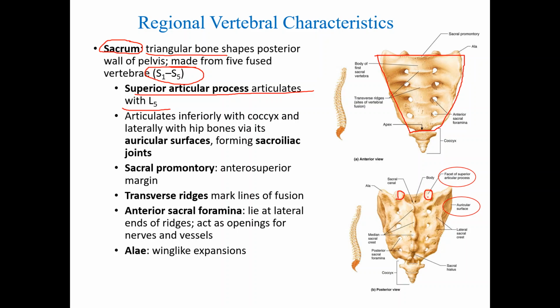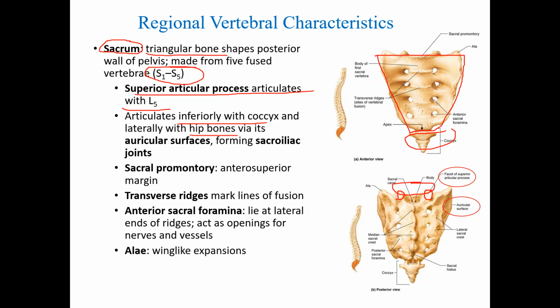This is the process that will articulate with an inferior articular process of L5, okay, which is going to be located above it. This bone articulates inferiorly with the coccyx, okay, which is over here, and laterally with the hip bones, okay.